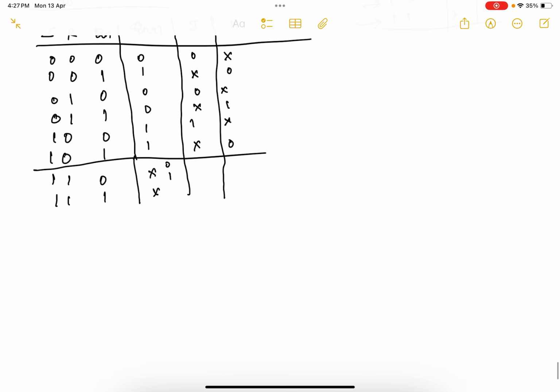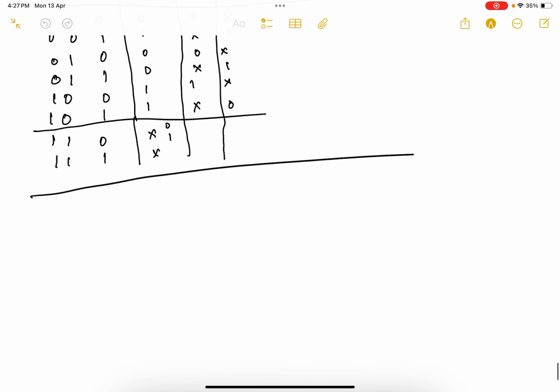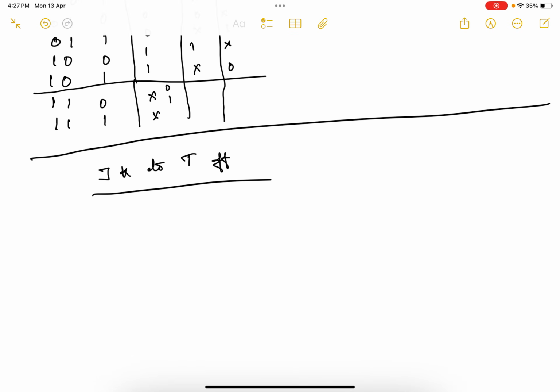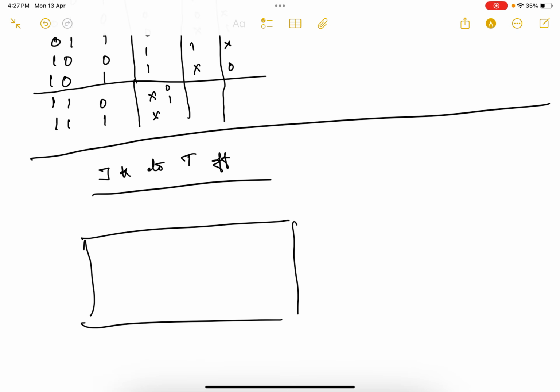That is, JK to T alone is missed. JK to T flip flop. So the destination flip flop is T flip flop. So we are drawing T, Qn and Qn plus 1.